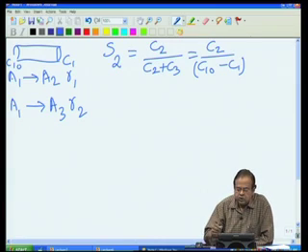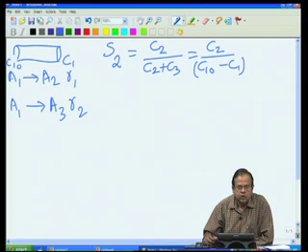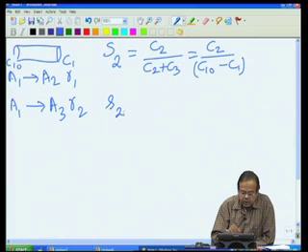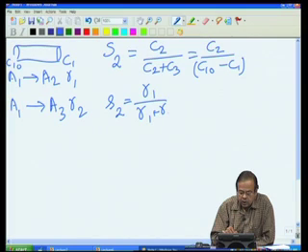So, this is our overall selectivity, and now let us try to see how this overall selectivity is related to the point selectivity. Our point selectivity, as we defined earlier, was R1 by R1 plus R2.